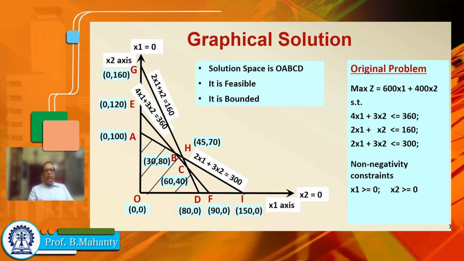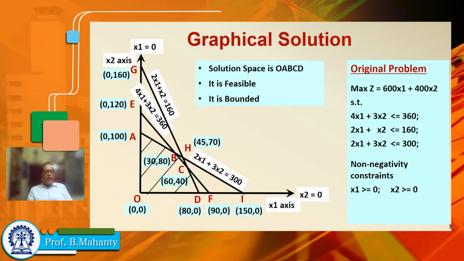So this is the variable that was in the basis, because at x1 equal to 60 and x2 equal to 40, 60 into 2 is 120, 40 into 3 is 120, 240. So you see x5 equal to 60. That means this constraint is not exhausted.